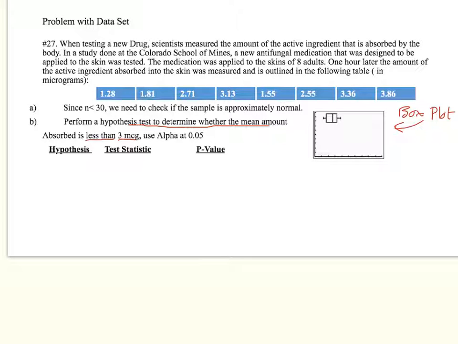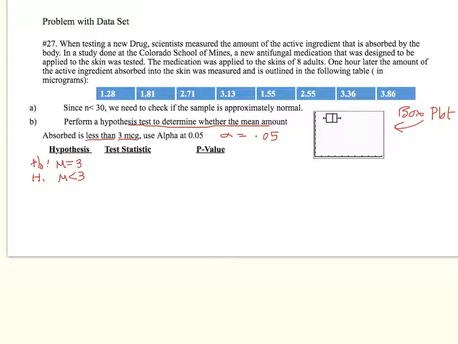Use alpha equal to 0.05. So let's set up our hypothesis test. Our hypothesis test, H naught, mu is equal to 3, and H1 is mu is less than 3.